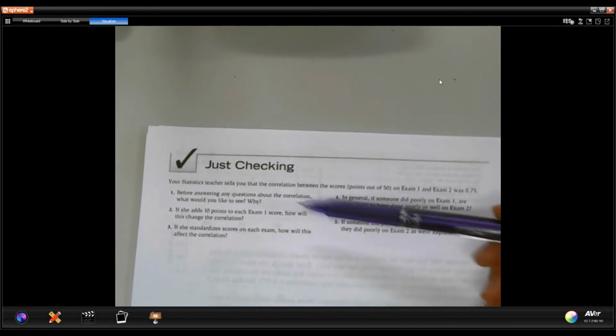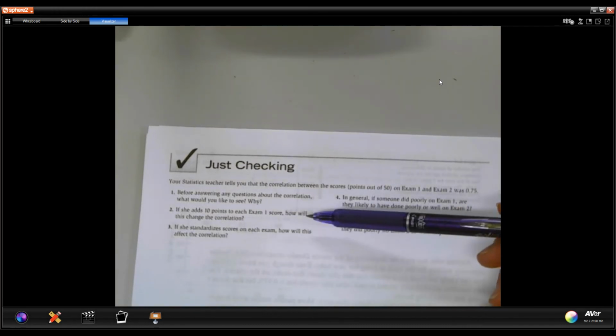Number 2, if she adds 10 points to each exam 1 score, how will this change the correlation? I want you guys to think about that. Hopefully you came up with the answer that it's not going to change the correlation. If we add 10 to each score, everything shifts by the same amount, so the correlation stays the same.